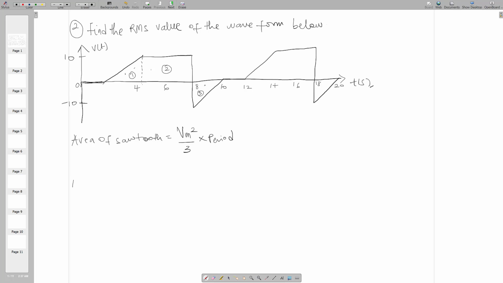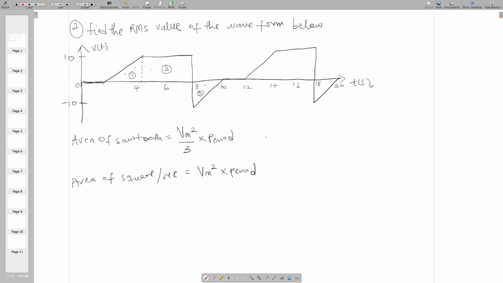And if you want the area of a square or a rectangle, the formula is just Vm squared times the period. It should give you the answer straight away without doing any integration.